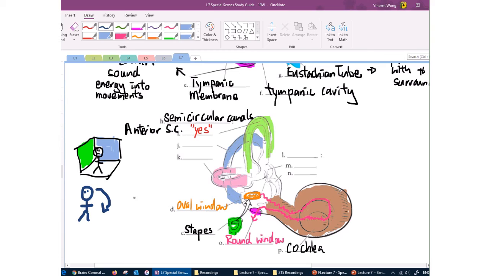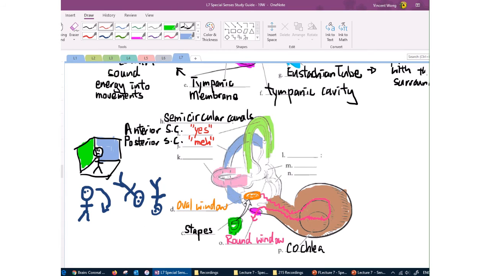It's hard to draw like that, but if you're rotating like that, then you will stimulate the posterior semicircular canal. Okay, so tilting your head sideways as in saying meh. So that would be the posterior semicircular canal.